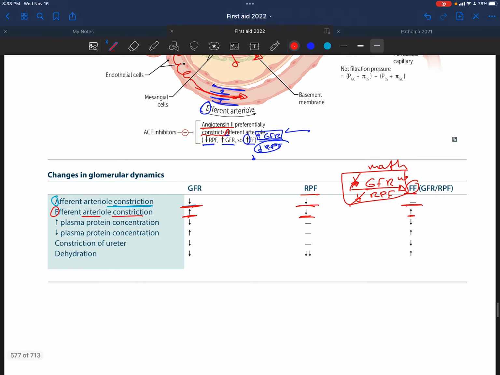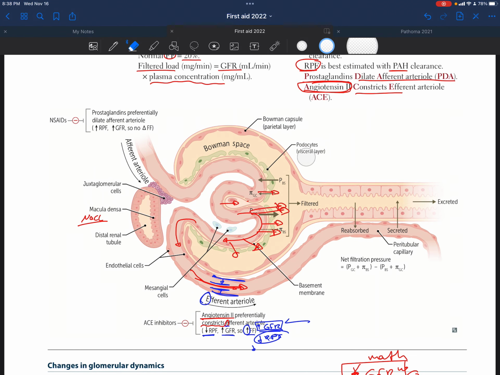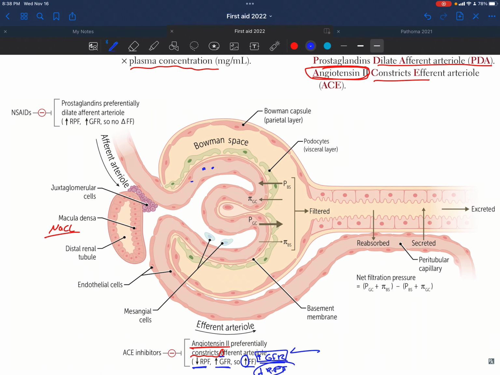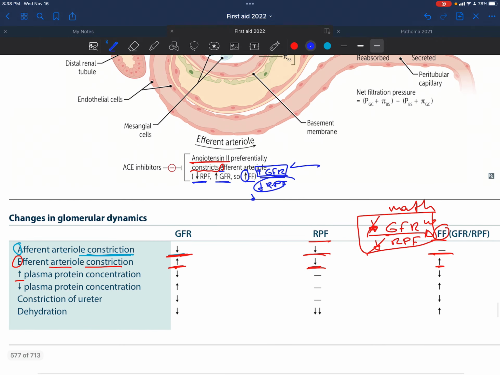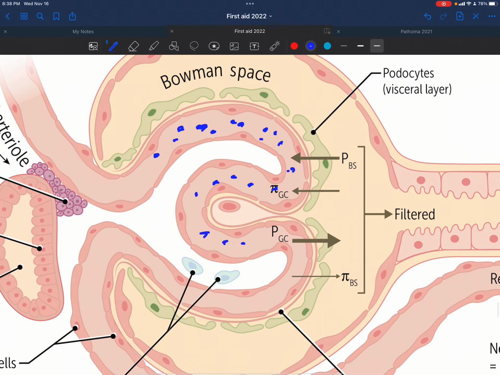So the other possibility is an increase in plasma protein concentration. This one is nice because we need to imagine a few particles. These few particles within the blood are proteins. If we have more proteins within the blood, more plasma proteins, we know that proteins do increase one of those pressures.